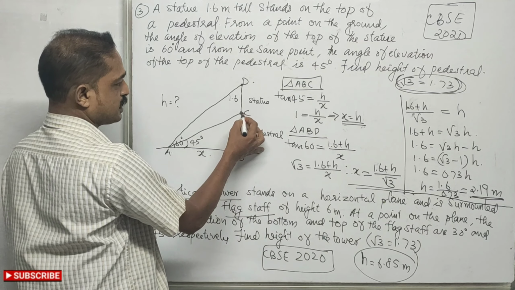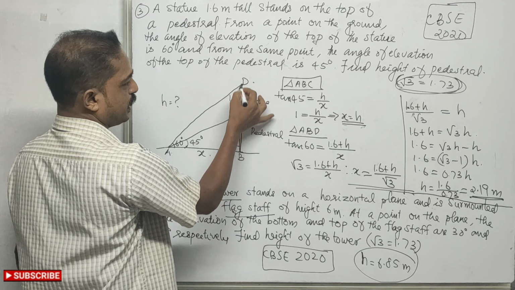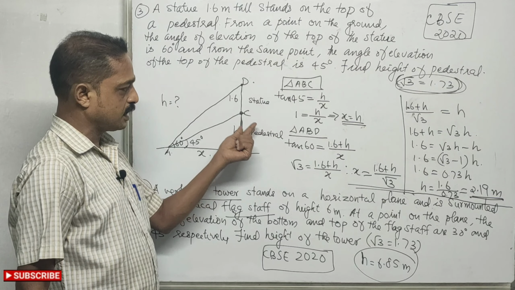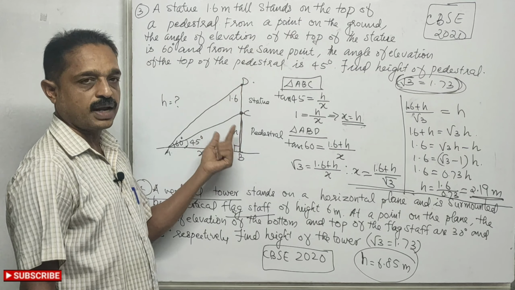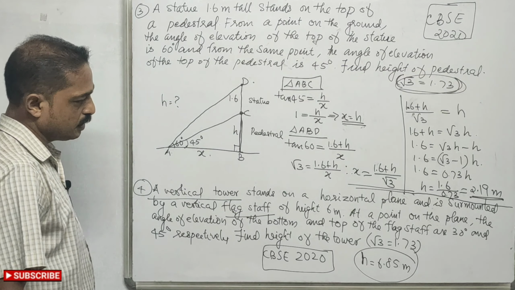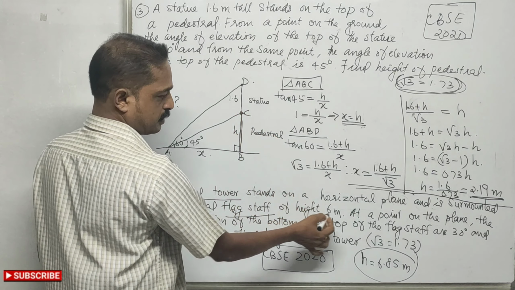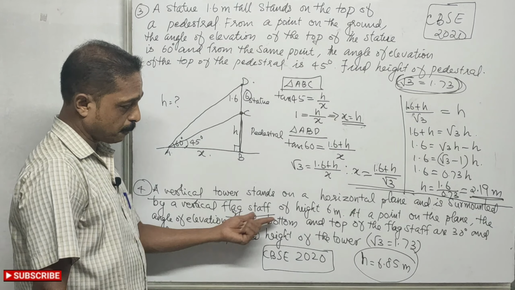Instead of pedestal, here we have a vertical tower, and instead of statue we have a flagstaff. The height of the flagstaff is 6 meter.